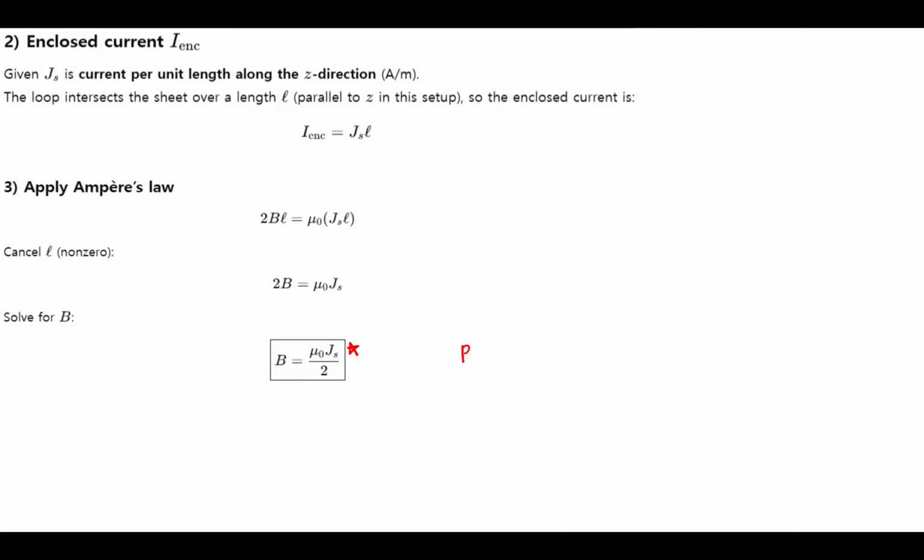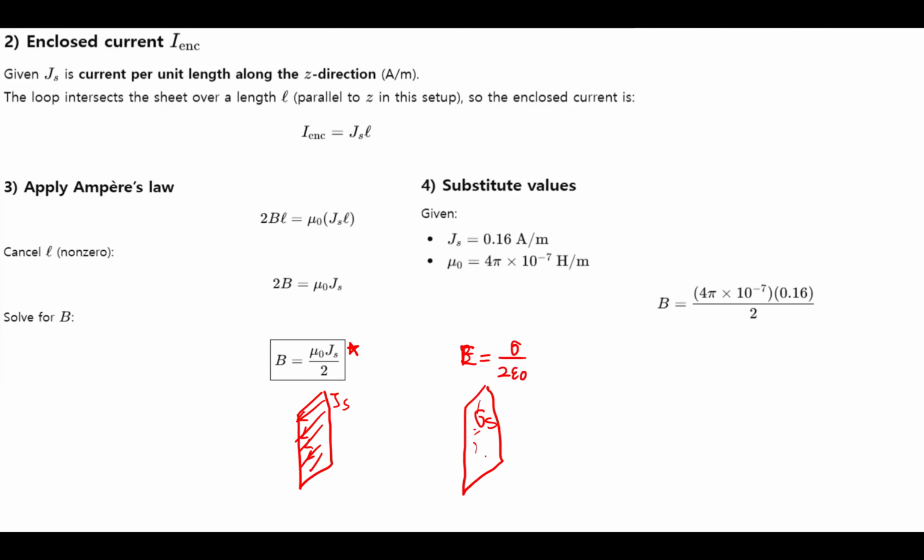So it is very similar to the electric field for the sheet charge density, which is given by sigma over 2 epsilon naught. So it is kind of symmetric, and you can find the magnetic field values here.